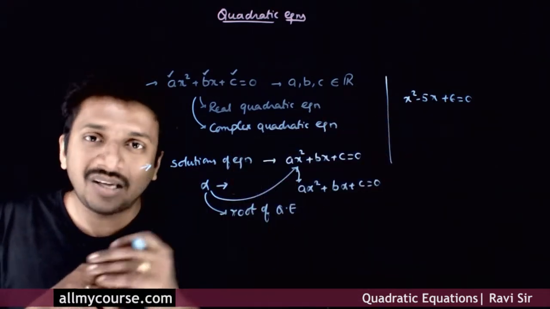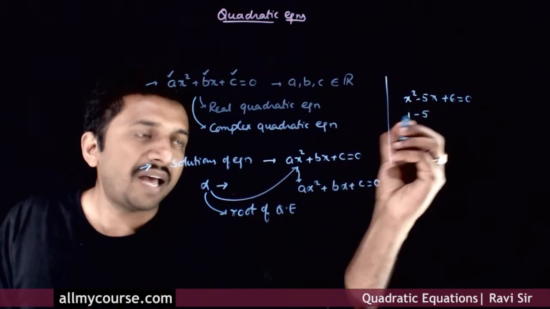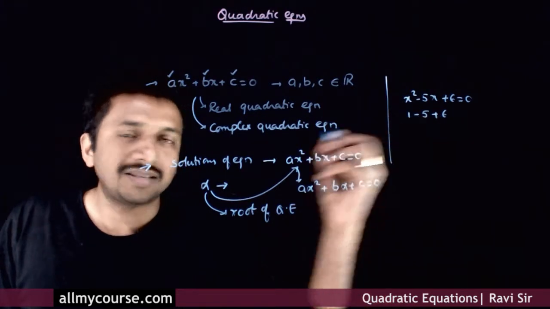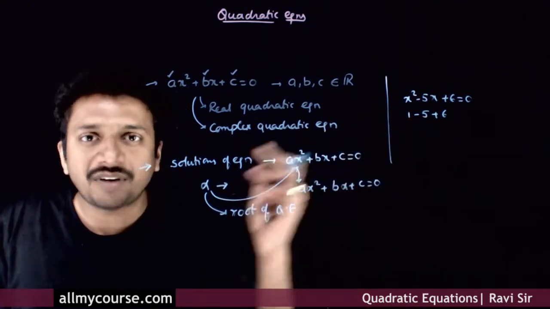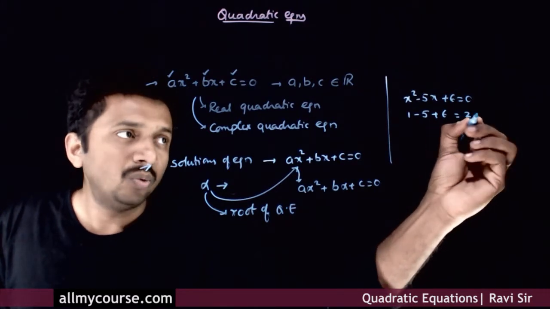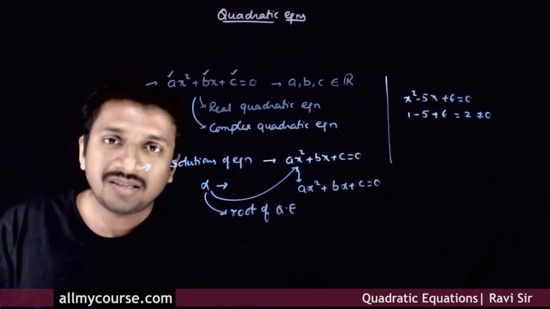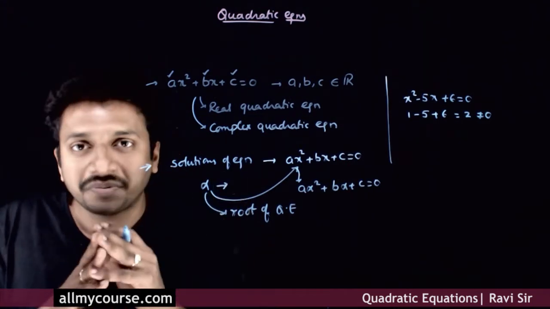So let us take x = 1. 1² is 1, minus 5 into 1 is 5, plus 6. So 1 − 5 + 6 is 2. This is not equal to 0. That means 1 is not a root of this equation.